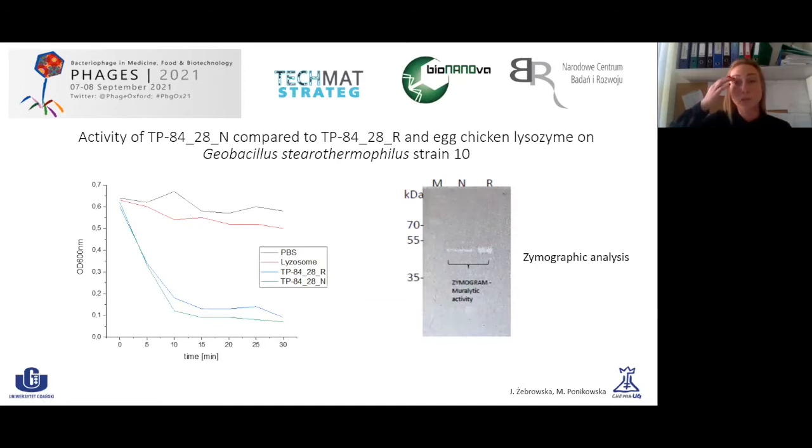And the second one, the enzymatic activity of the protein, was determined in a zymogram assay. Purified recombinant protein was fractionated by electrophoresis using SDS-PAGE gel, including the Geobacillus thermodenitrificans strain 10. After running electrophoresis, the zymogram was washed in excess of water and incubated at room temperature for 3 hours to renaturate the protein.